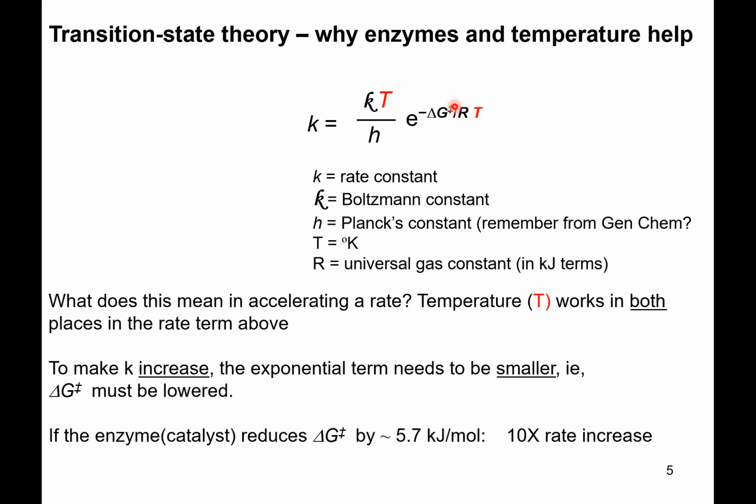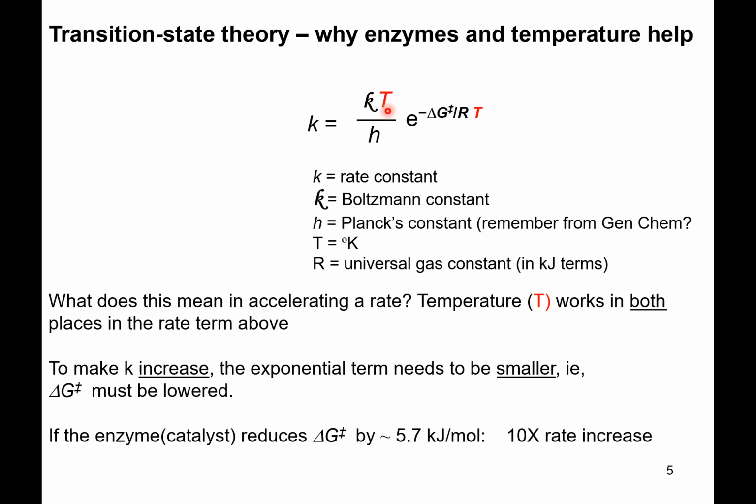So temperature factors in a couple times here, and so does the transition state energy. So temperature works in both places above, right? Raising the temperature increases this factor, and you want to lower this exponent since it's negative. So adding a higher temperature at the bottom of this fraction will lower this exponent.